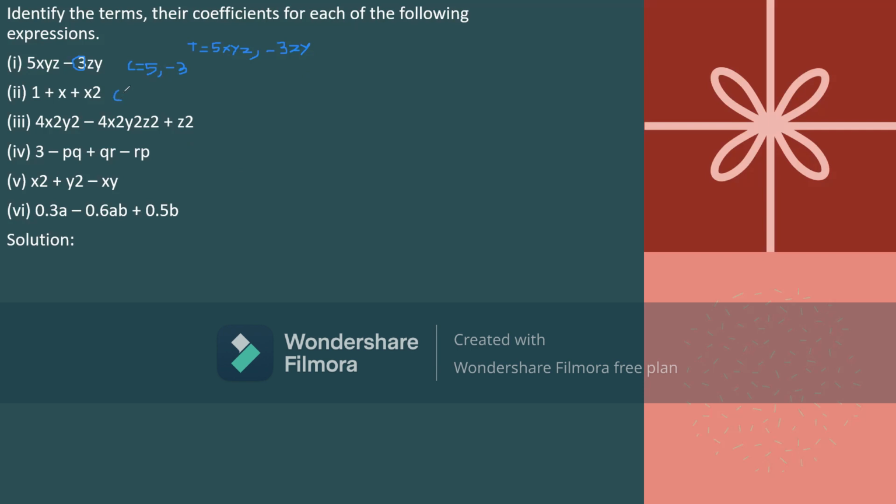C would be 1 for the first, because 1 itself is a variable. You think that it's a variable and you take it as 1. And the next one here will also be 1, because as you can see, there is no coefficient before x, meaning 1 multiplied by x. What is the coefficient then?